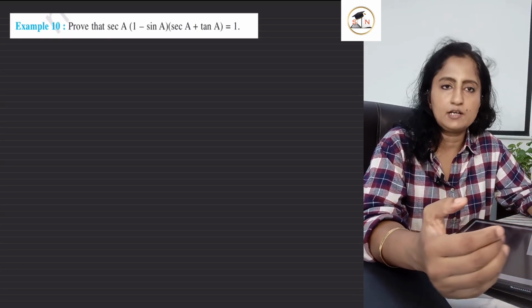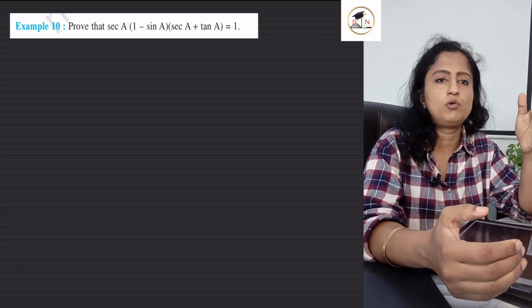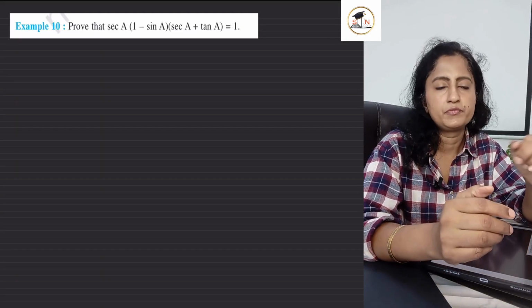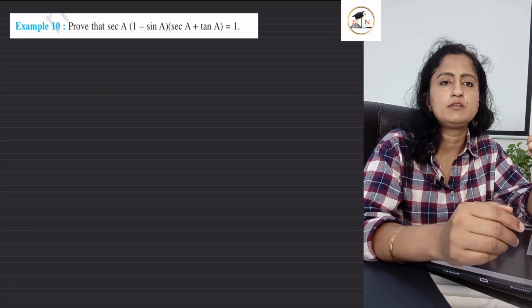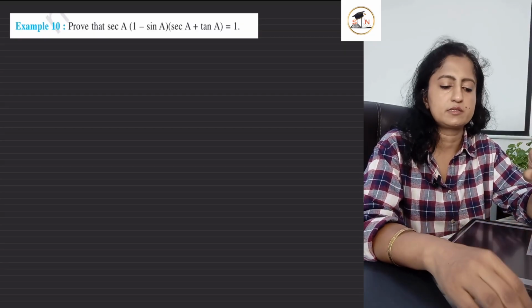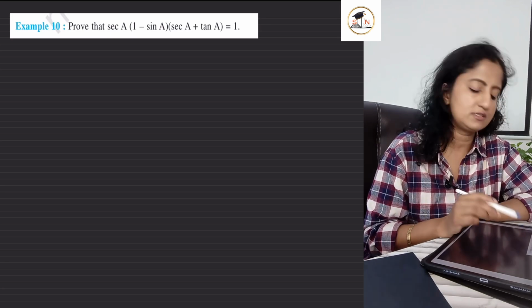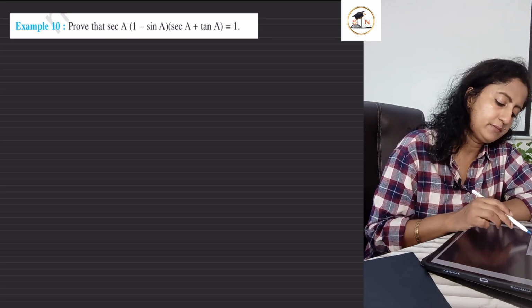So you will solve that also such that both LHS and RHS come to a common answer. So that is another way to solve these identity-based questions. Okay, now let's start solving it. It is one of the easiest ones, and just see how I do it.